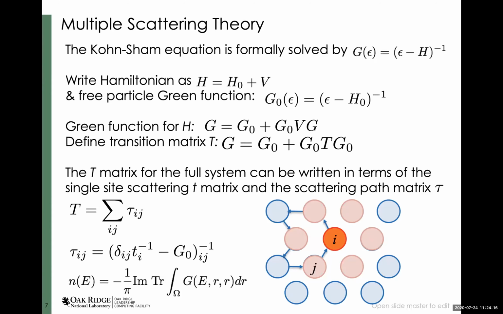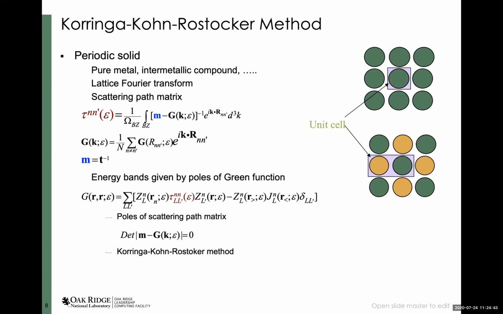The main computational effort in this method is actually calculating this inverse. And once we know the Green's function, as you can see at the bottom, we can readily calculate the charge density. As you see there, we are interested in the imaginary part, so this all relies very much on complex algebra.